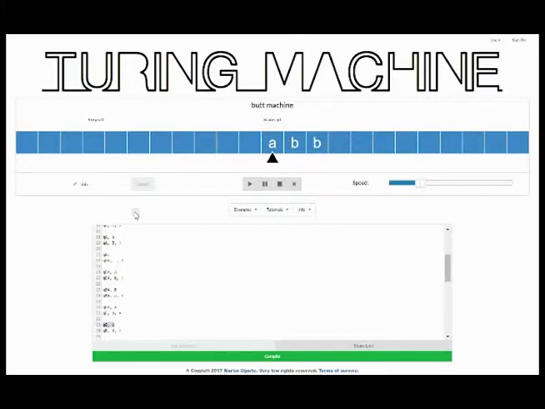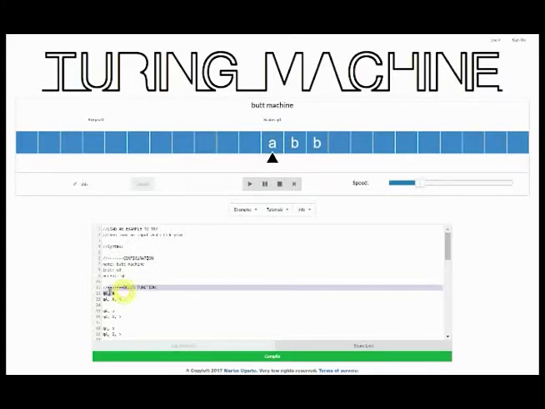Then it moves to the right of the input, and moves to process the character on the right side of the first letter.